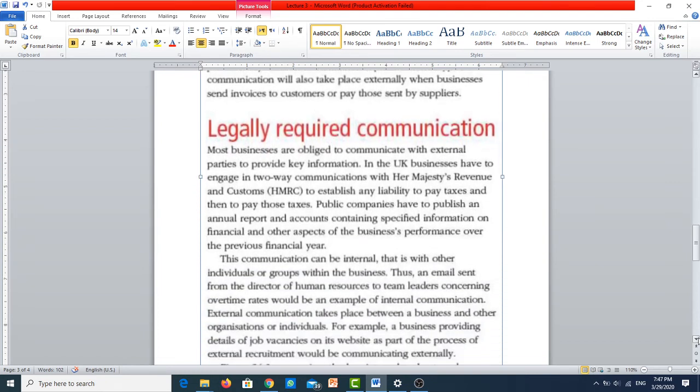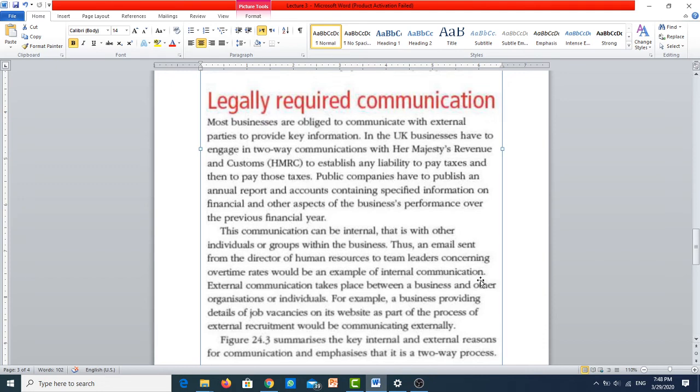And the last one is legally required communication. This type of communication is mostly done with external parties to provide key information. In the UK, businesses have to engage in two-way communication with Her Majesty's Revenue and Customs (HMRC) to establish any liability to pay taxes and then to pay those taxes.